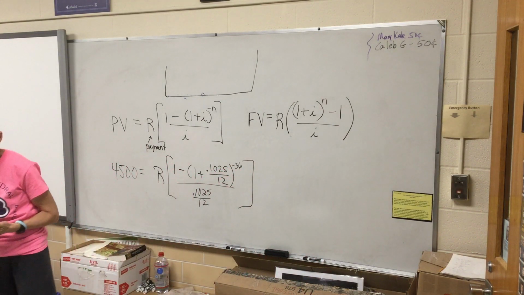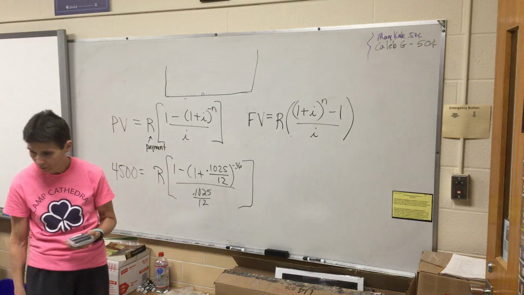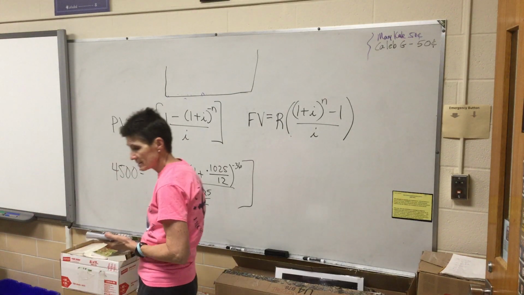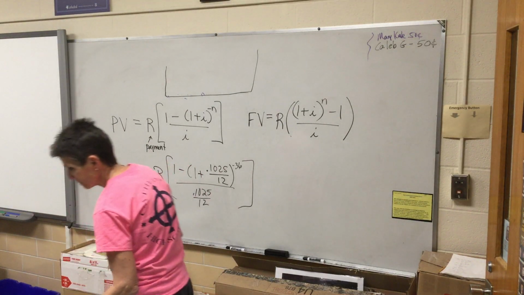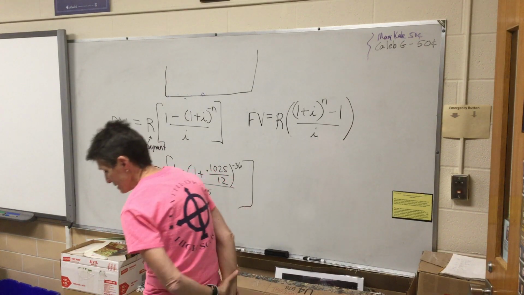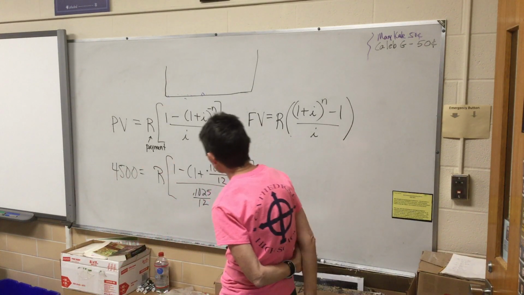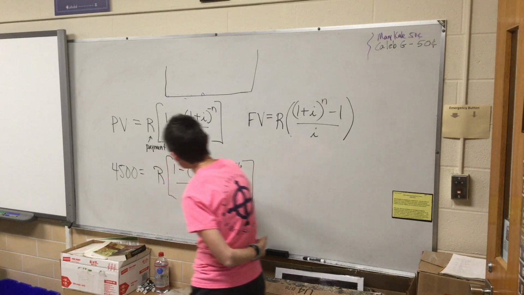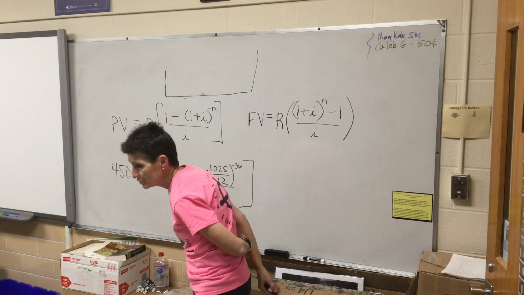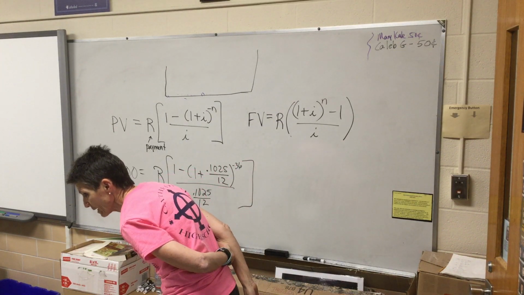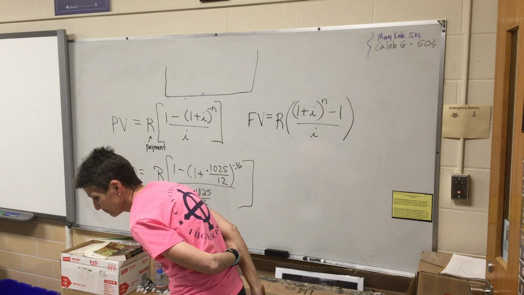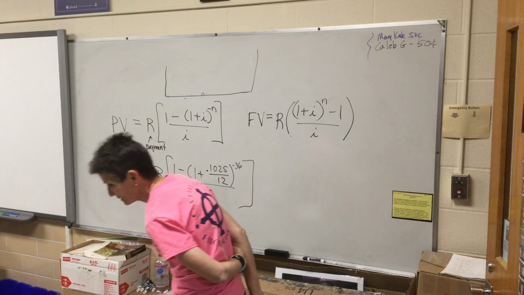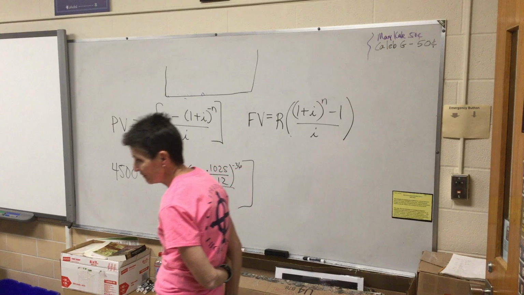Some brave soul other than Jacob or Grace Malarney, because they're my best volunteers and I love them and appreciate them so much. Somebody else, tell us what you got when you typed in just this numerator, just the top of the fraction. 0.2637. Indeed, perfect. 0.2637, very, very good.